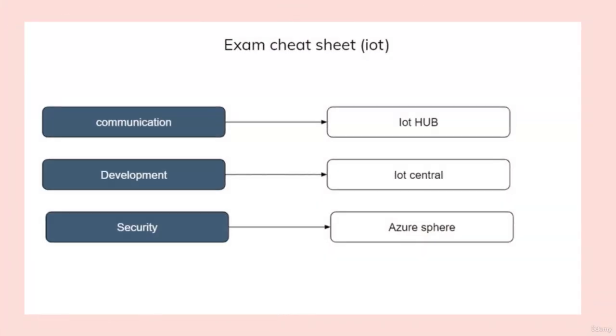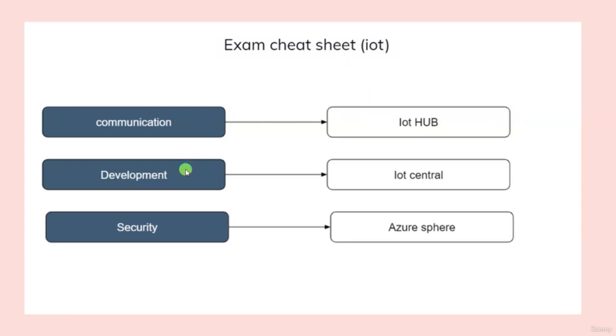Over here, I have created a kind of cheat sheet. Using this, you can answer any Azure IoT related question in the exam. If they are asking for a secure way of communication, if communication is their goal, if they want a service which will help them connect devices for good communication, then they have to go with IoT Hub.